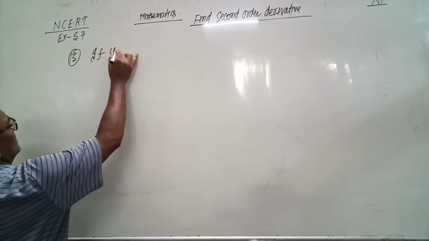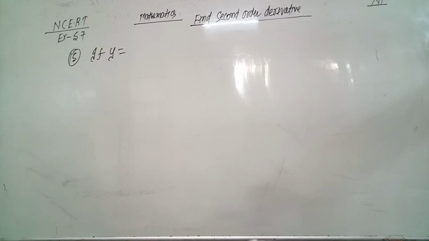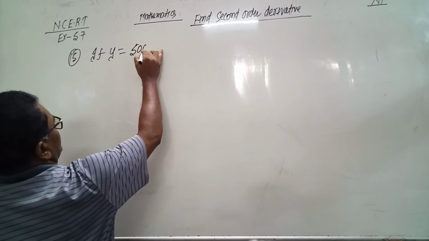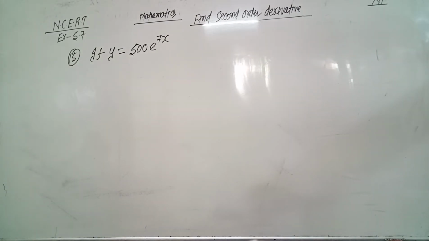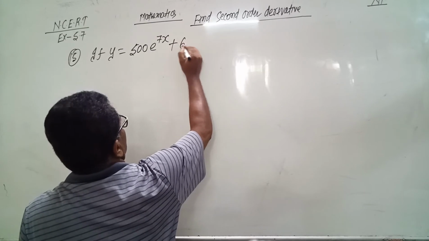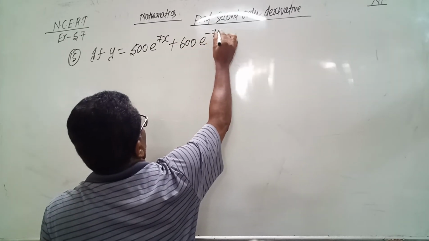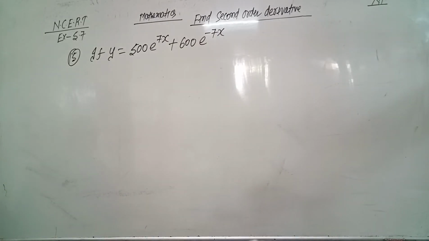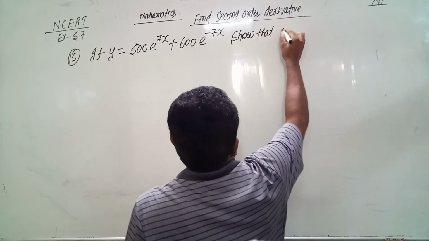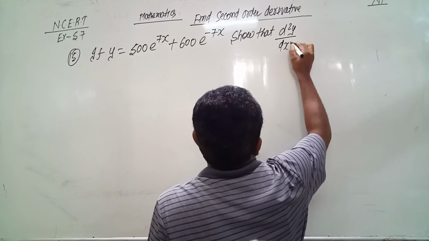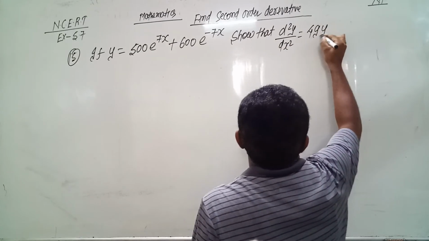If y equals 500 into e raised to the power 7x plus 600 e raised to the power minus 7x, then show that d2y by dx square equals 49y.